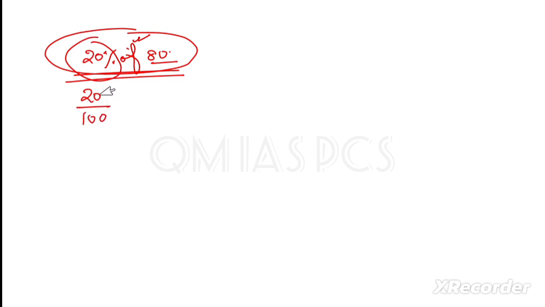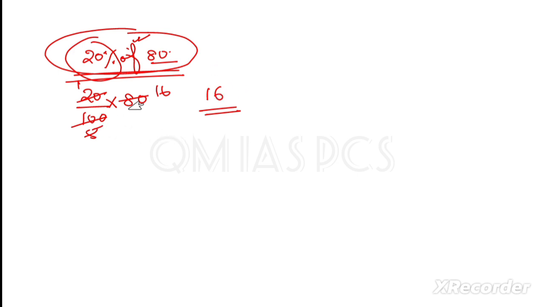Just now I told you, percentage to fraction we divide by 100. Of means multiply with 80, so it will be 16. Not 16 percentage, it is only 16. Got it? So 20% of 80 is 16. Is it clear?